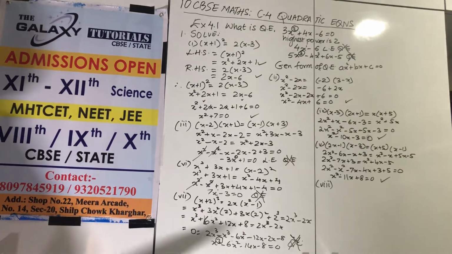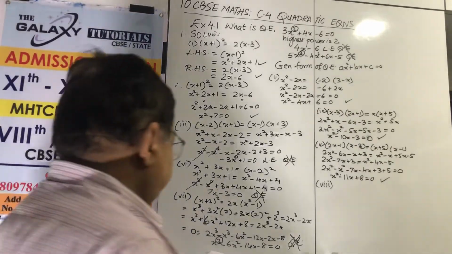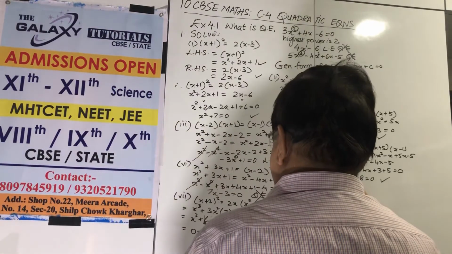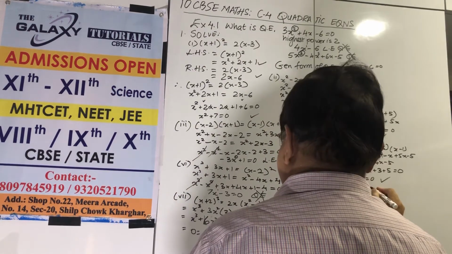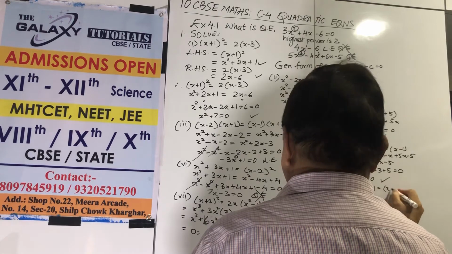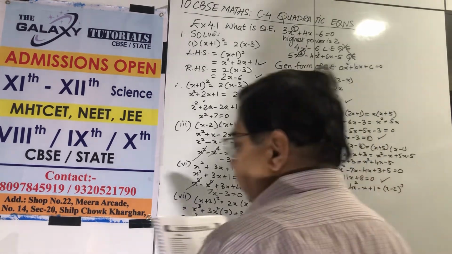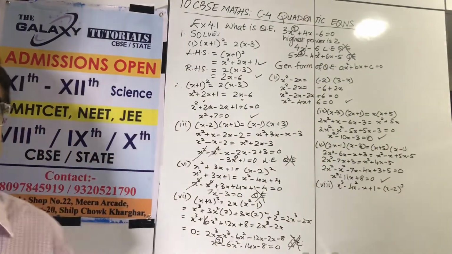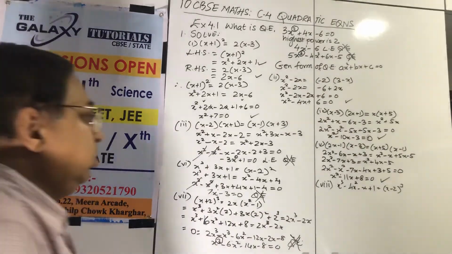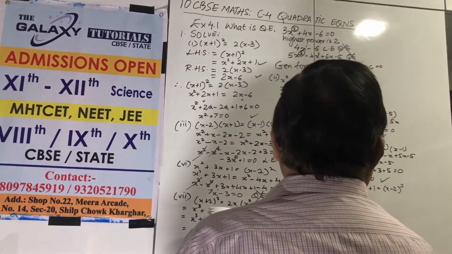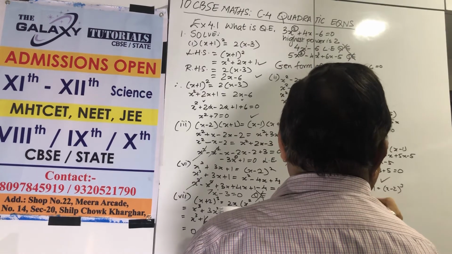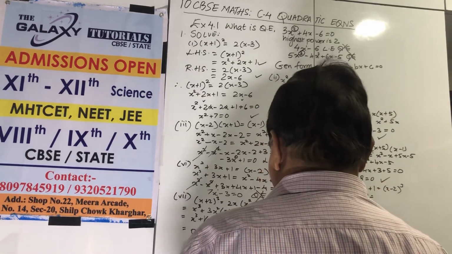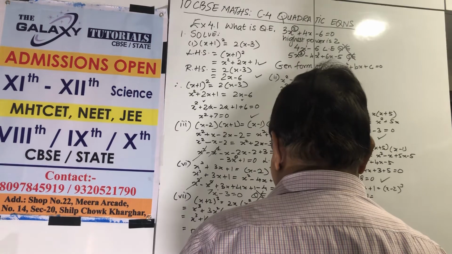Last sum in sum number 1. What does sum number 8 say? X cube minus 4x square minus x plus 1 is x minus 2 the whole cube. So, I have x cube minus 4x square minus x plus 1 is equal to, and then I will have to expand.